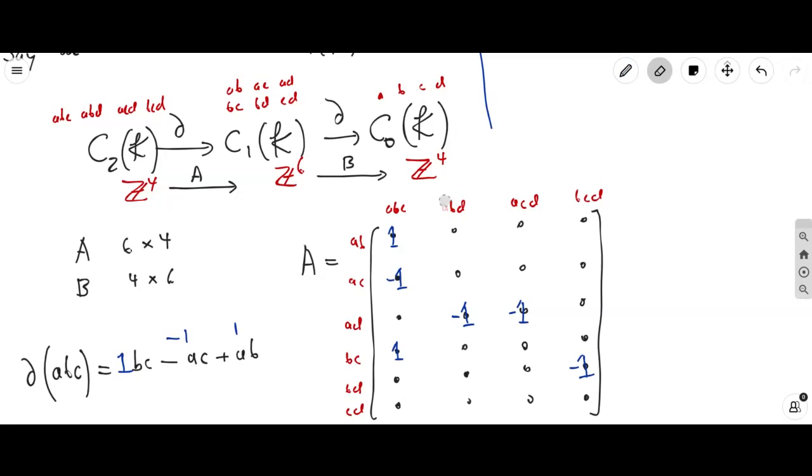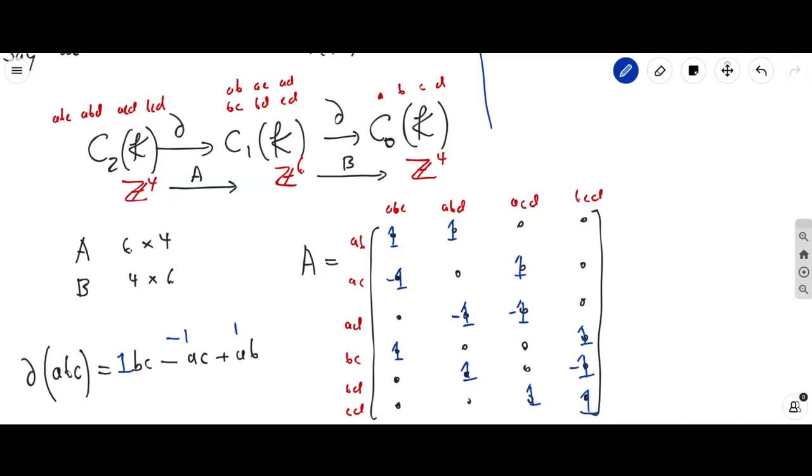And now you get the 2 adjacent ones: AB, that would be 1, and BD, that would be 1, AC, that would be 1, and then CD. And then BC would be 1, and CD would be 1.